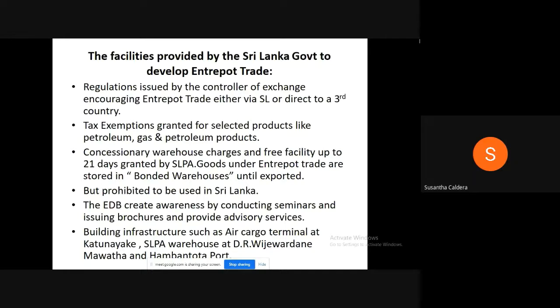Tax exemptions are granted for selected products like petroleum, gas, and petroleum products. Concessionary warehouse charges and a free facility up to 21 days are granted by the Sri Lanka Ports Authority. Goods under entrepot trade are stored in bonded warehouses until exported, right? But they are prohibited from being used in Sri Lanka. That's a must.